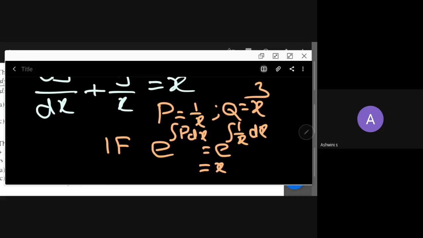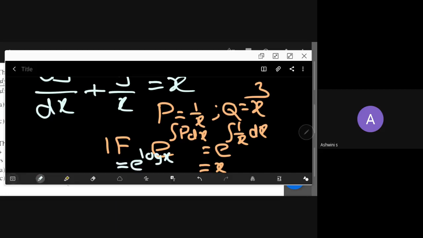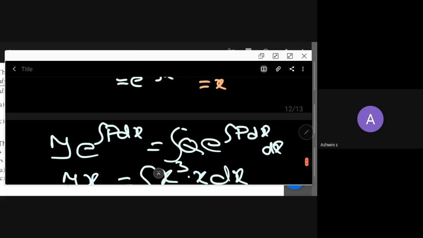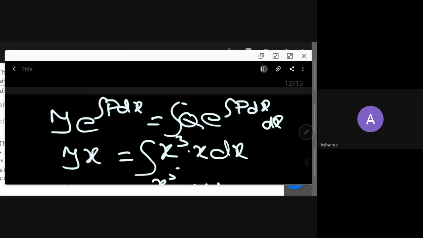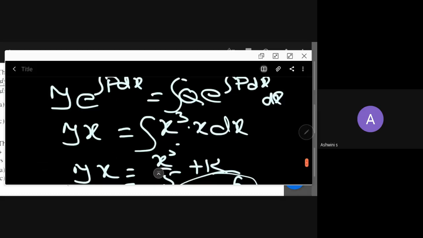You can write here one more step. This is e power log x. E power log x is x. That is fine. Now yx is x cube into x dx.